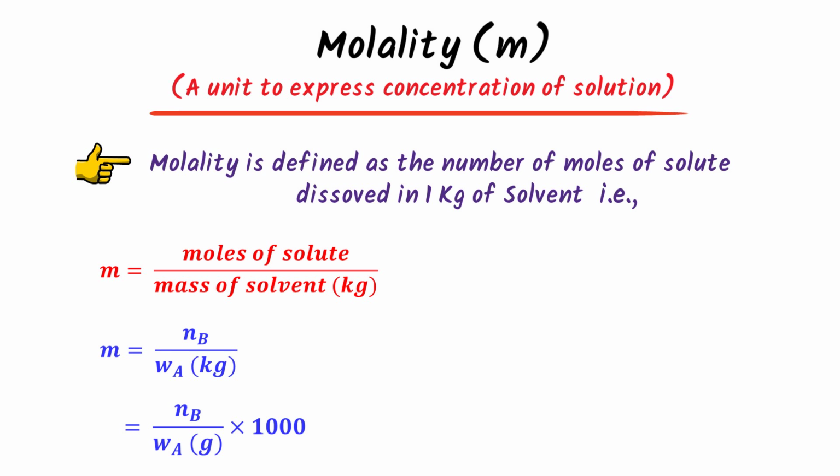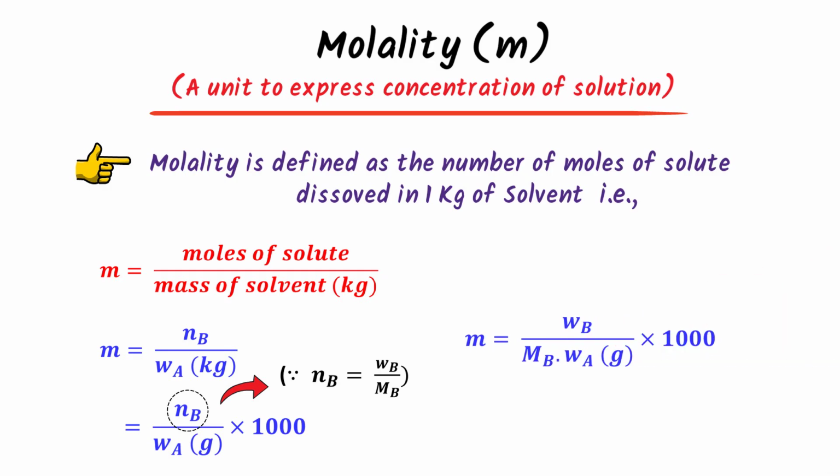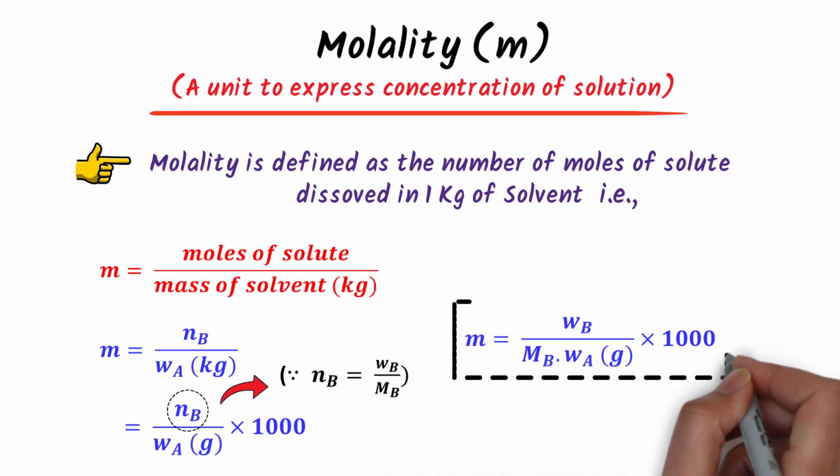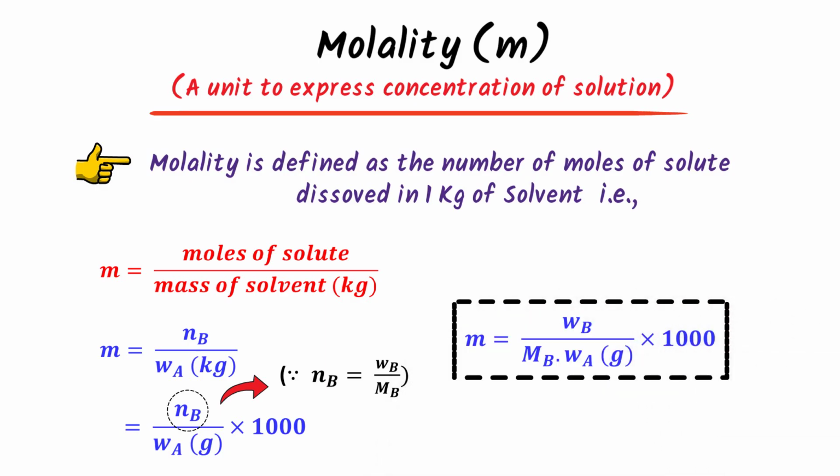Now, as we know, number of moles of solute is equal to mass or weight of solute divided by molecular mass of solute. So we can rearrange this expression as, molality will be equal to Wb by Mb into Wa in grams multiply 1000. This is the required expression for molality.